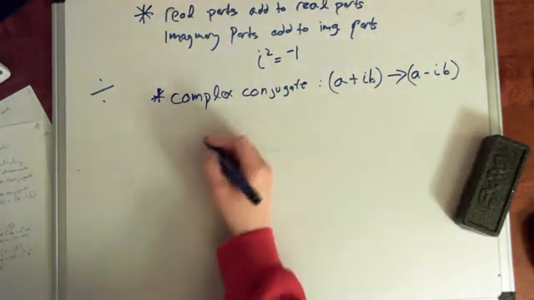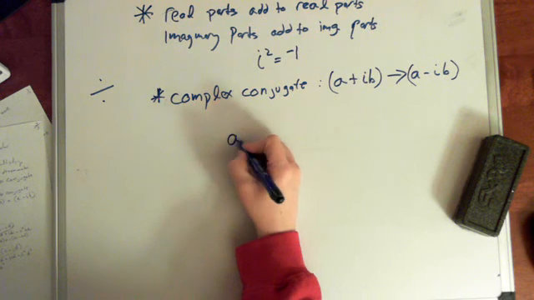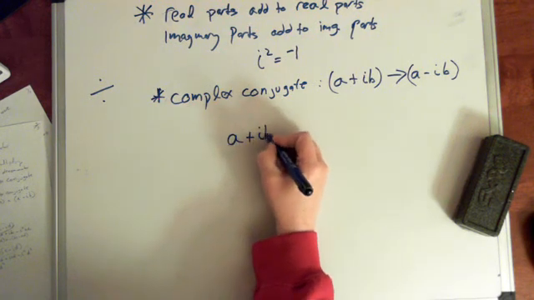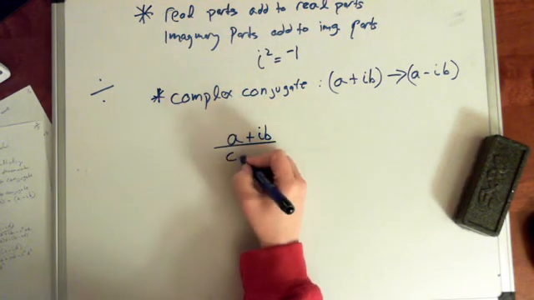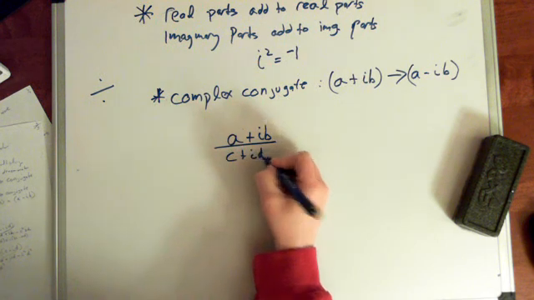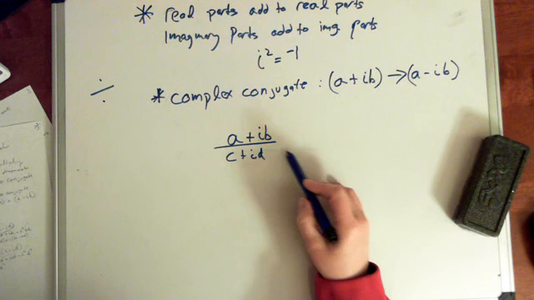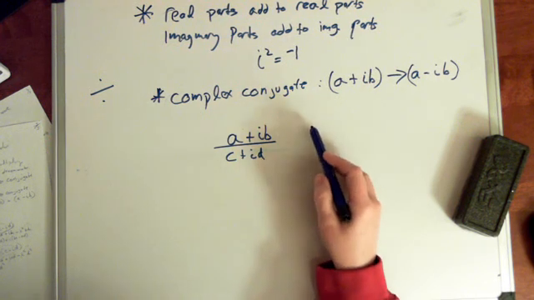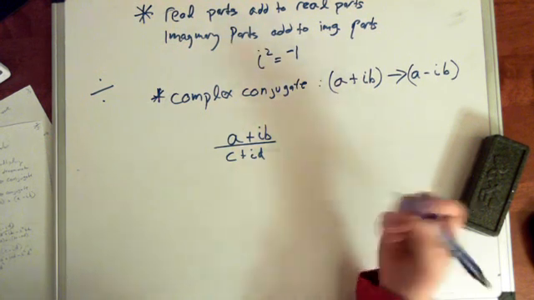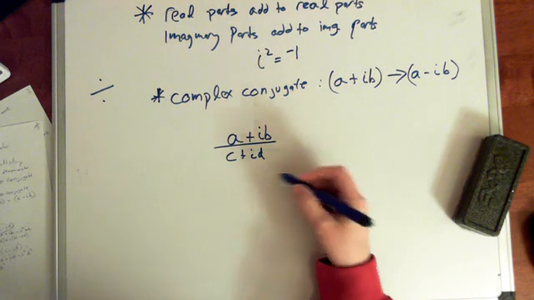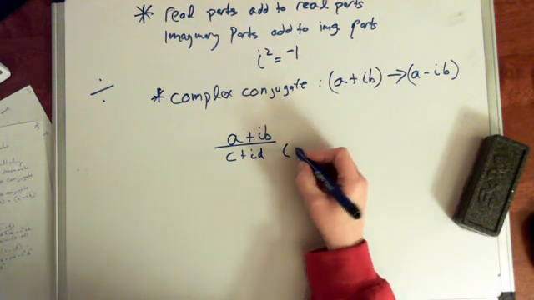So let's look at that. If we have a plus ib over c plus id, remember I said we take the complex conjugate and multiply the denominator and the numerator by it. If you do that, you're not changing the number. So let's do that.